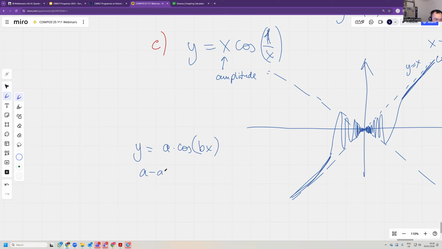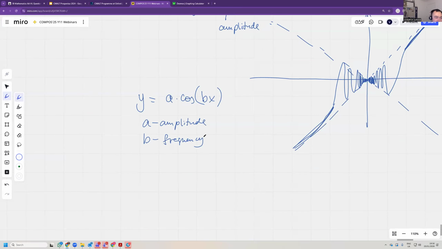A is the amplitude, and B is the frequency. So if you write y equals x multiplied by cos 1 over x, you can rewrite it as x multiplied by cos of 1 over x squared multiplied by x.